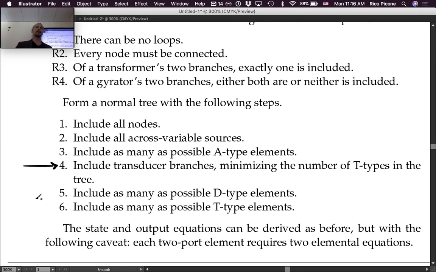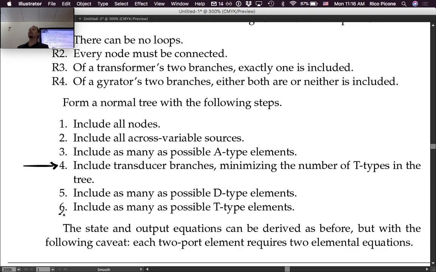So we have to respect these rules, rules 3 and 4, as always, rules 1 and 2, when we select these transducer branches. But respecting all those rules, we want to minimize the number of t-types in the tree. We haven't selected the number of t-types yet, so actually that doesn't happen until 6, right?